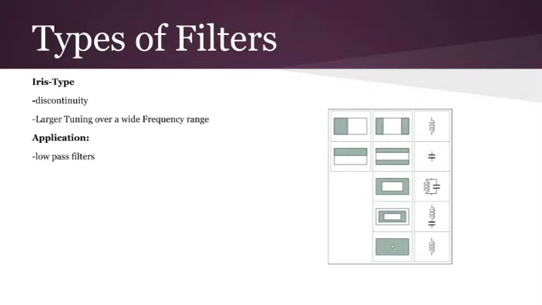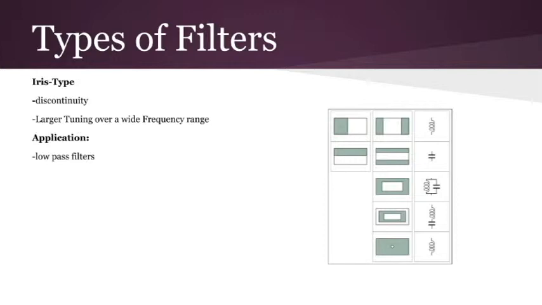Vertical edges are parallel to the electric field and excite TE modes. The stored energy in TE modes is mostly the magnetic field. Horizontal edges are parallel to the H field and excite TM modes. In this case, the stored energy is mostly in the E field. These edges can be represented by an inductor and a capacitor respectively.